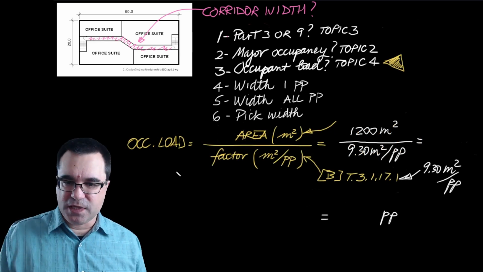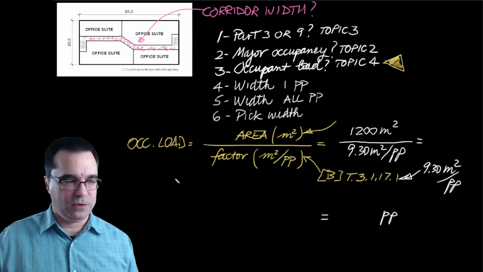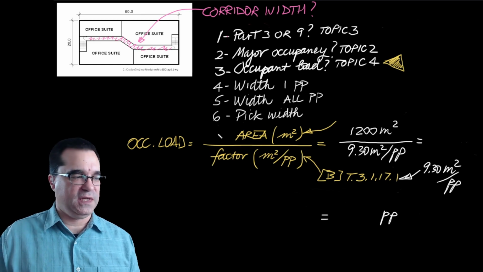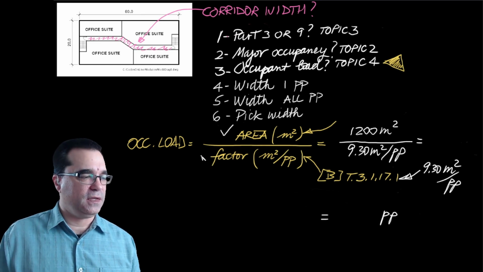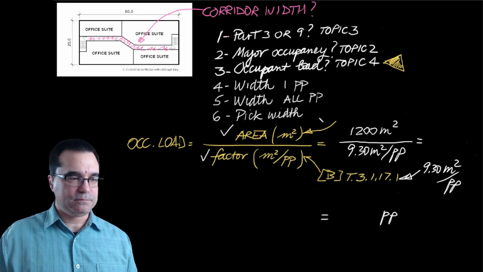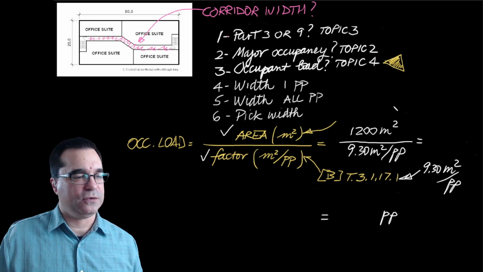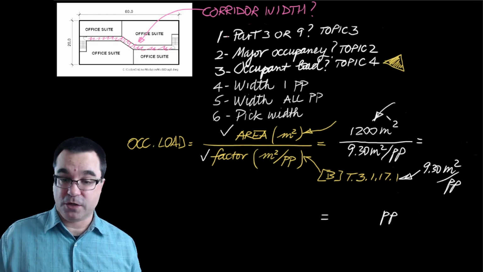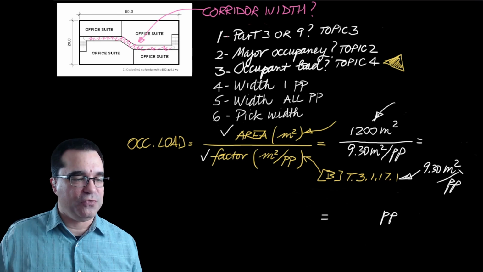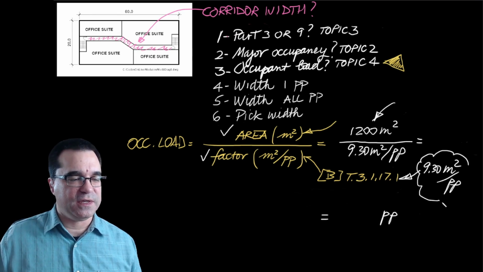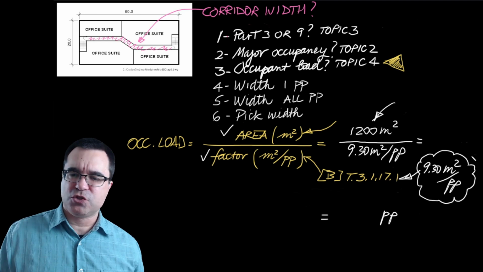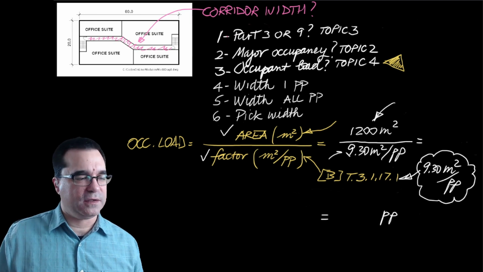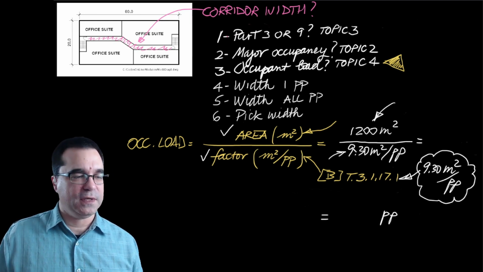In step number 3, we have to determine the occupant load, which is the ratio of the area divided by the occupant load factor. The area, we've already found that out to be 1,200 meters squared. The occupant load factor, we previously calculated this in example 1. So go back to it to see how we got this number. We put that number in the denominator.